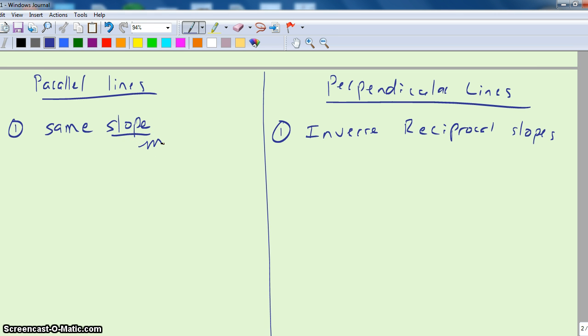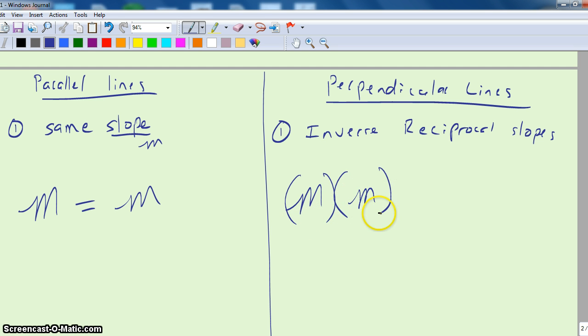So here in parallel lines, they equal each other. Here in perpendicular lines, when you multiply the slopes, they equal -1. If they equal -1, you have perpendicular lines. If they don't equal -1, then you do not have perpendicular lines. Alright? Let's go over a few examples.